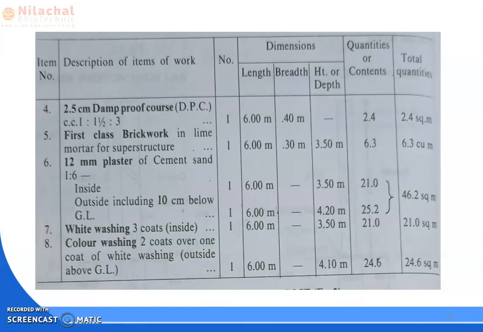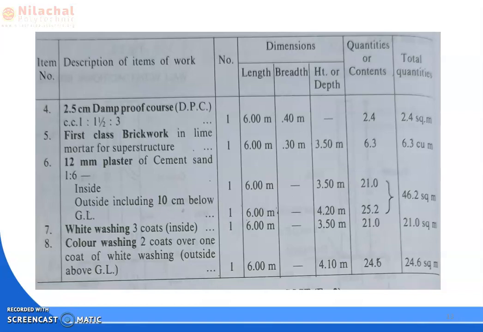The breadth is 30 centimeter or 0.30 meter, and the height is 3.50 meter. The quantity is length into breadth into height, 6 into 0.30 into 3.50, which gives 6.3 meter cube.